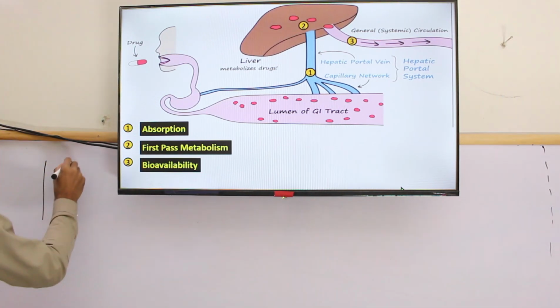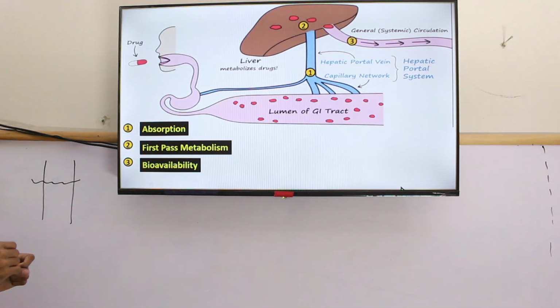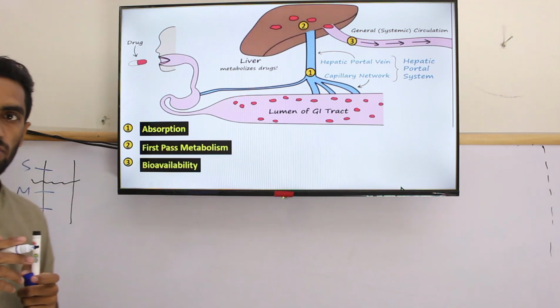We have two parts of the rectum: the upper part, the superior rectal, while on the lower part we have the middle and inferior rectal. If you recall, we have studied this in anatomy.